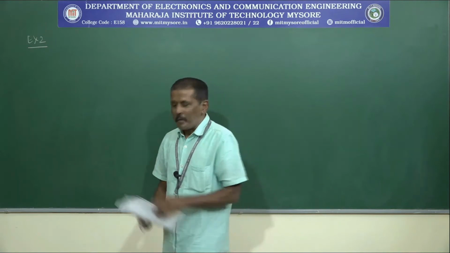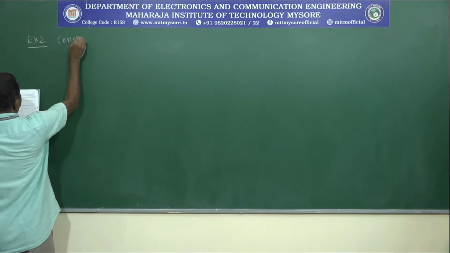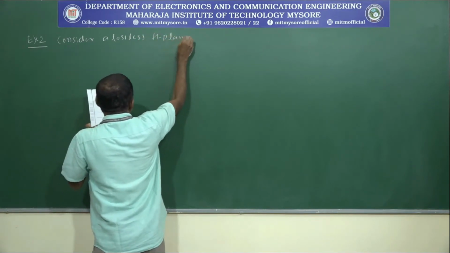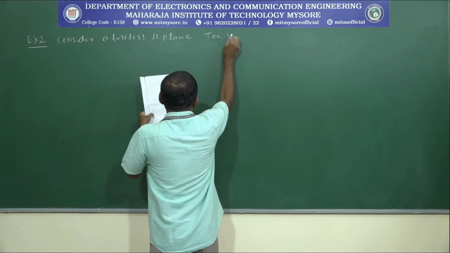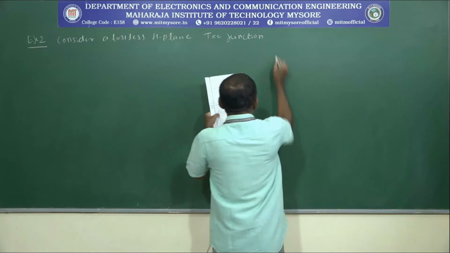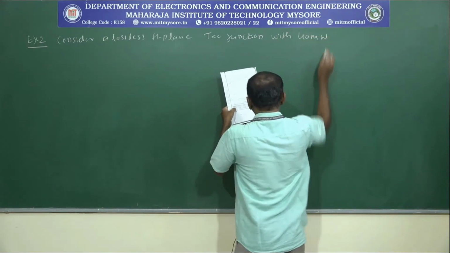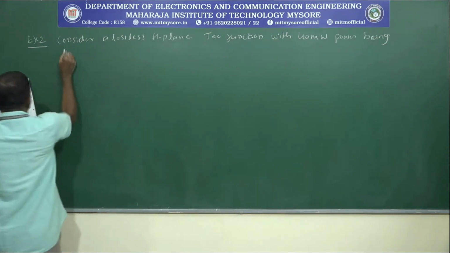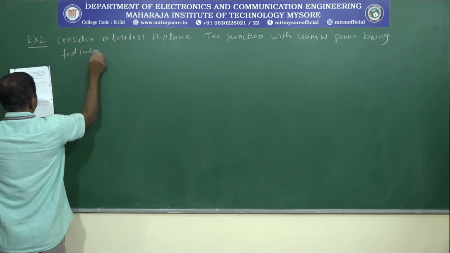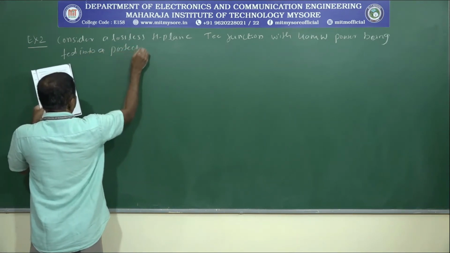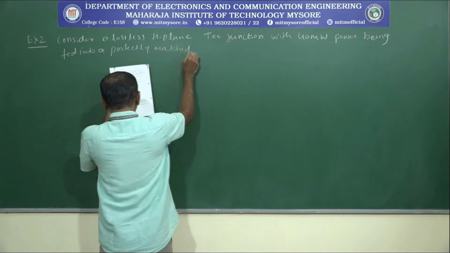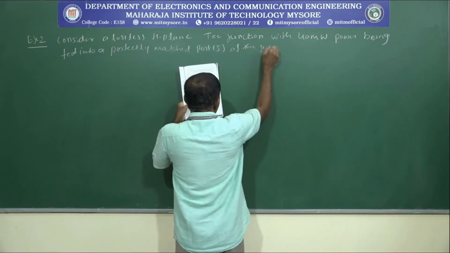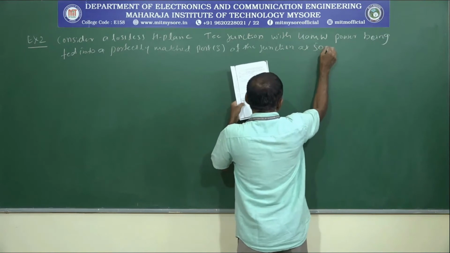Now let us solve one more problem. The given problem is, consider a lossless H-plane T-junction with 40 milliwatts of power being fed into a perfectly matched port 3 of the junction at 50 ohms.